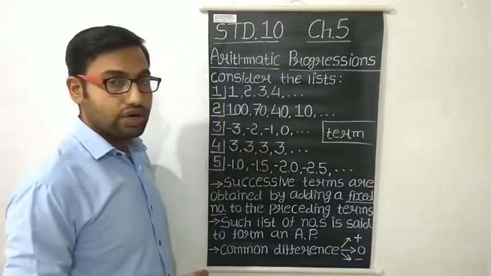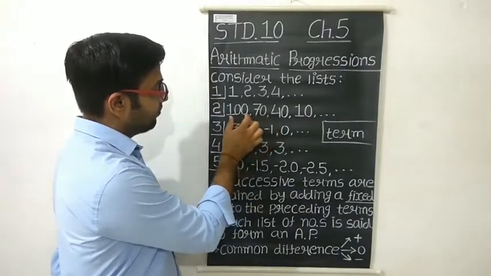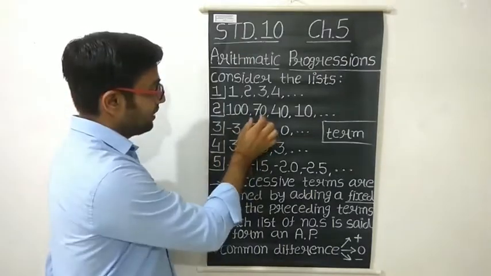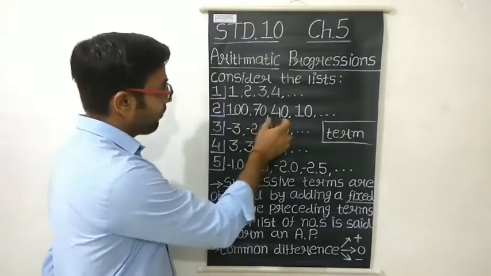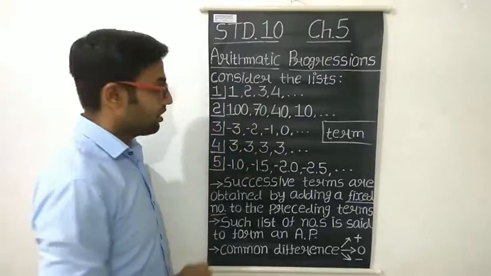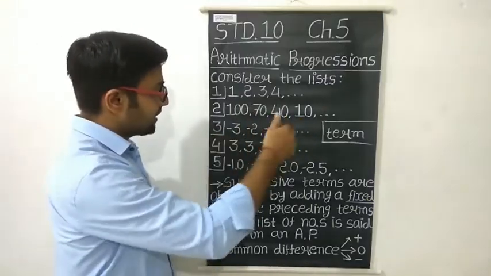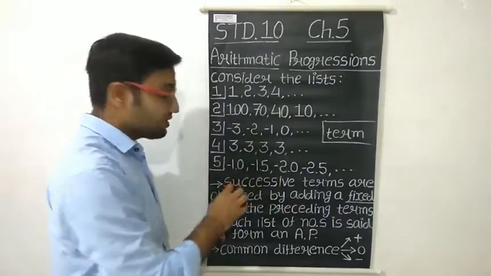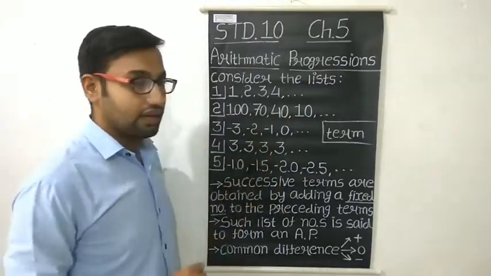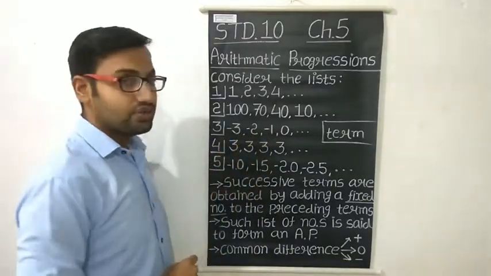Here also you can notice, if we subtract the first from the second, what do we get? 70 minus 100 equals -30. 40 minus 70 is -30. 10 minus 40 is -30. So it is a decreasing series, and the difference is the same, equal to -30.